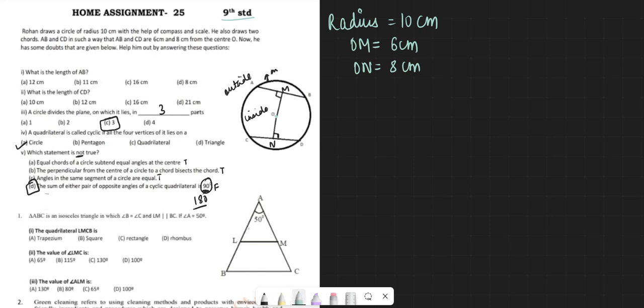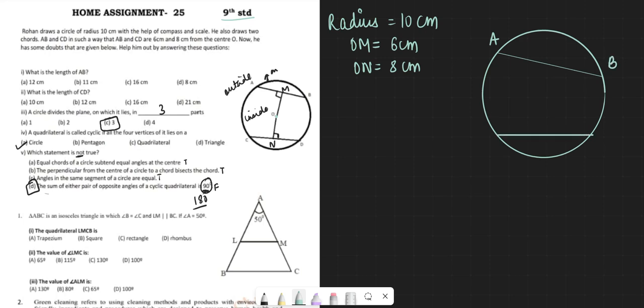So let's come to the first and second part of this question, which says find the length of AB, find the length of CD. For this, I will draw the circle, then this chord AB, and this chord CD. The chords are not parallel, otherwise it will be very difficult to solve. Then perpendicular, this is M, and this is N. I'll join OB because radius is given to us, and join OD.